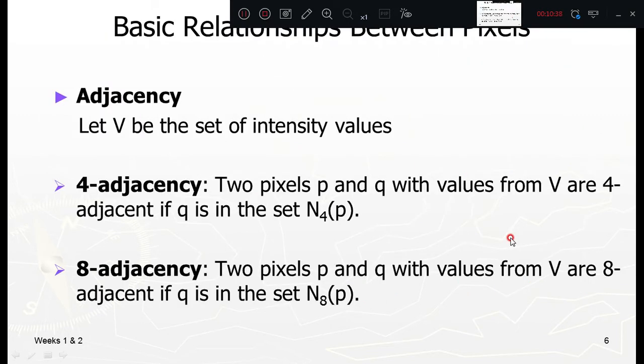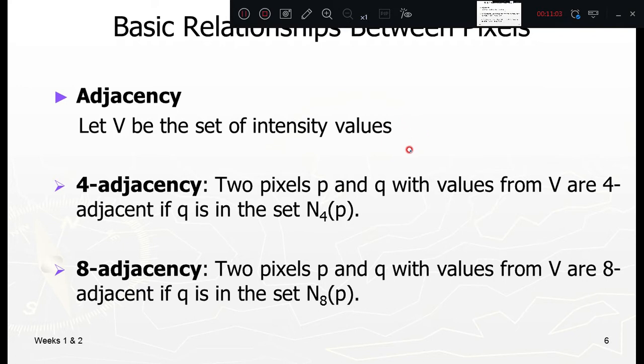Now as I told about the relationship between pixels, we'll define adjacency. Adjacency is nothing but our neighboring pixels relationship. Neighboring pixels, I told about neighboring pixels, which are the 4 or 8 neighbors.